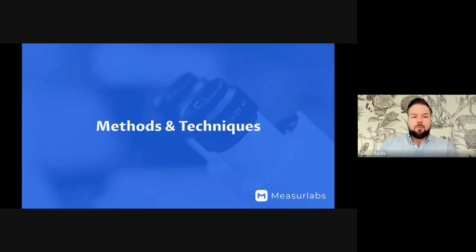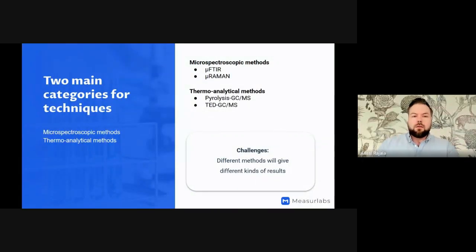Then we can move on to the methods and techniques for microplastics. Usually there can be considered to be 2 main categories of techniques for analysis of microplastics. These are microspectroscopic methods that combine microscopy and vibrational spectroscopy to analyze particles, and thermoanalytical methods that use thermal decomposition of the microplastics to quantify different polymers based on the evolved gases. This is usually carried out by GCMS.